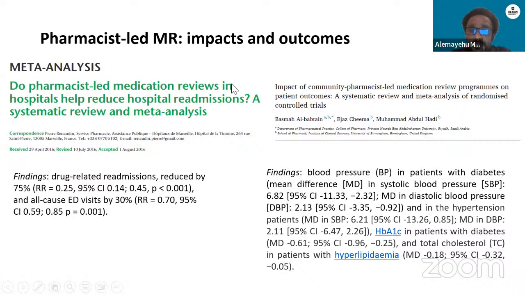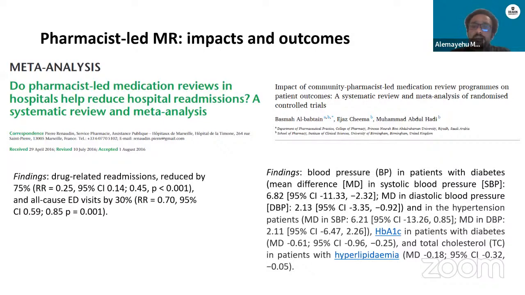In the community, community pharmacy-led medication review programs result in a decrease in blood pressure in patients with diabetes, a decrease in diastolic blood pressure in patients with diabetes and in hypertensive patients overall, and even in glycosylated hemoglobin and total cholesterol in patients with diabetes.